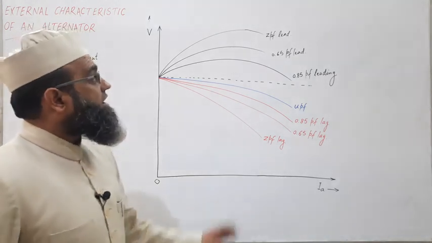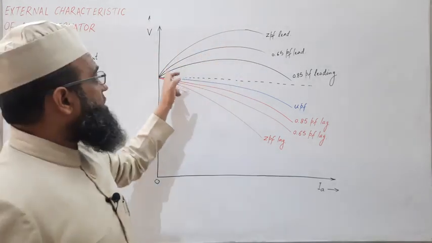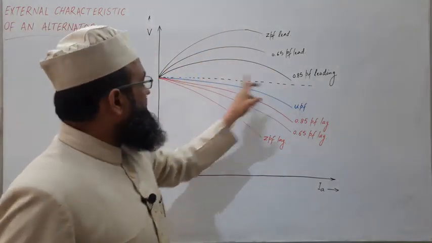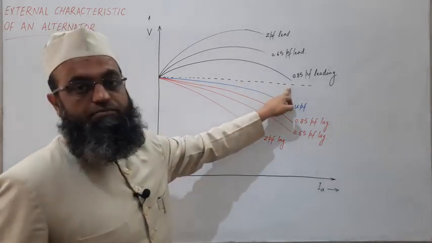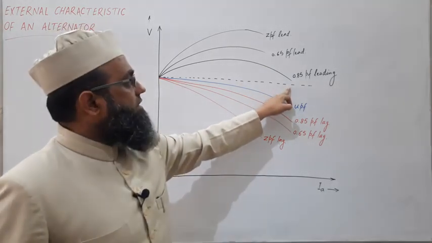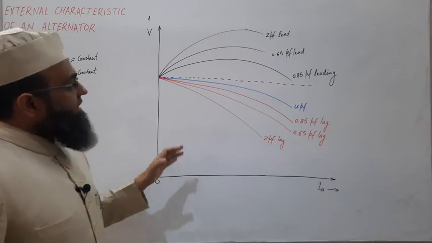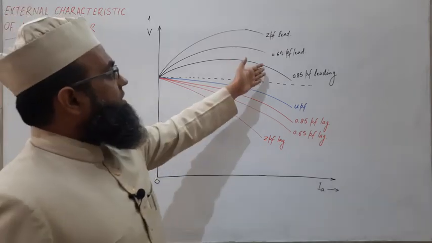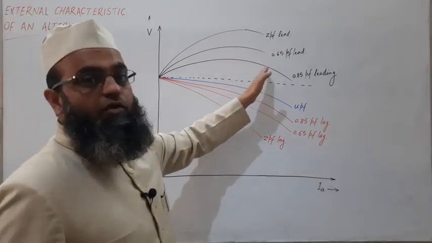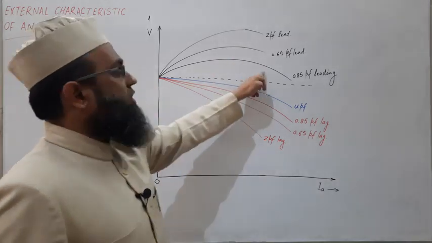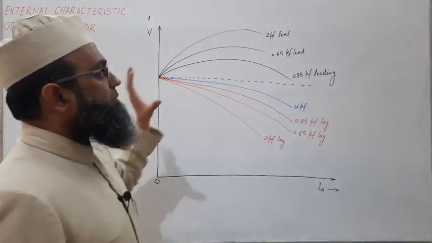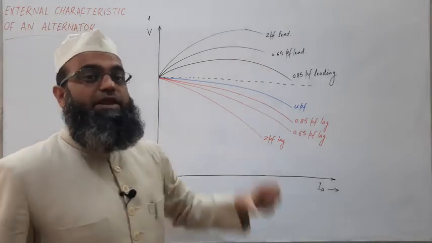But for certain leading power factor loads, we may get zero voltage regulation, right? But we may get the full load terminal voltage higher than no load terminal voltage. Hence, EF minus full load terminal voltage will be negative.